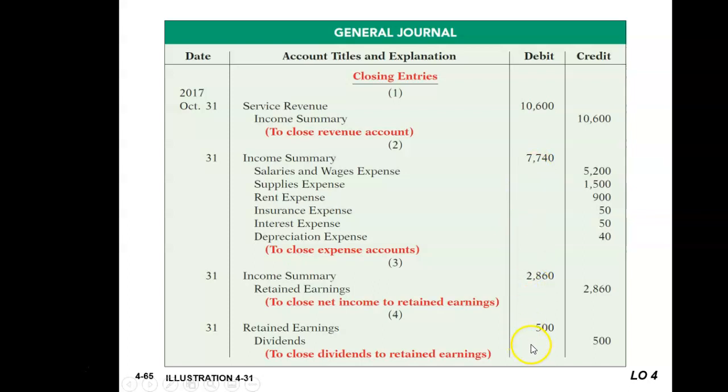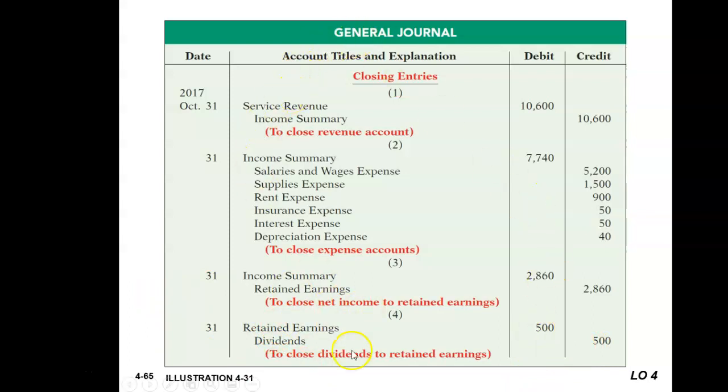The fourth and final step is to close out your dividend account. To do that, we'll debit retained earnings for $500 and credit dividends. That's because dividends increase on the debit side. In order to close them out, we'll credit the account the amount required to give it a 0 balance and debit retained earnings.